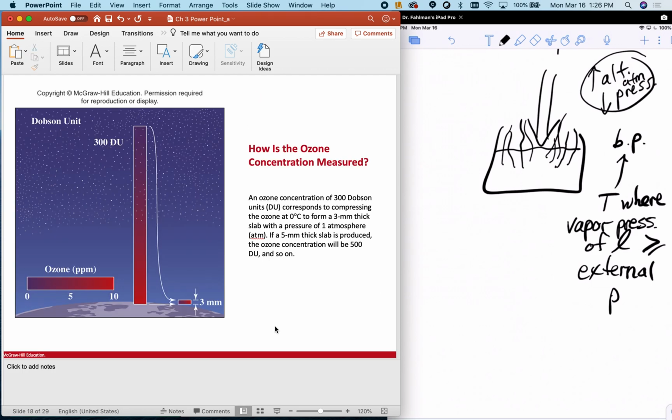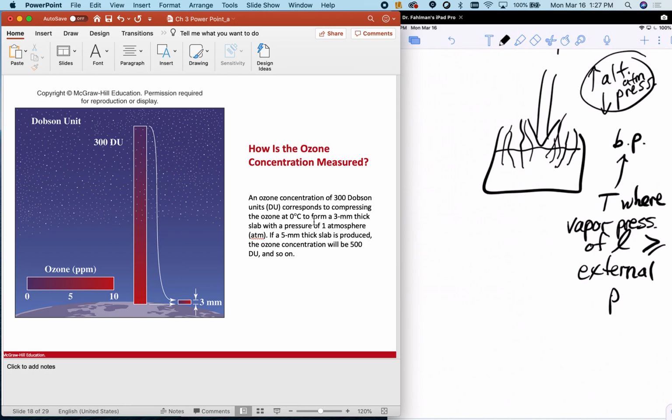Okay. Ozone concentrations. It's a really weird unit. I haven't seen this for any other quantity in the atmosphere. They call it the Dobson unit, and it's really just visualizing if you have a whole column of ozone and you smash it down into a certain millimeter thickness, then that corresponds to the Dobson unit.